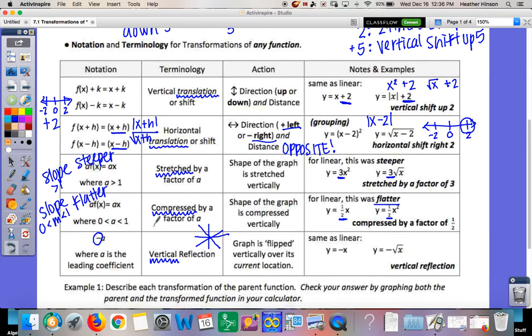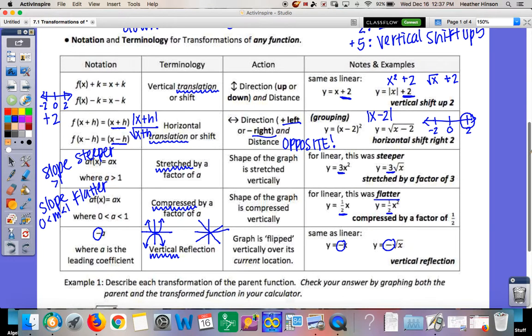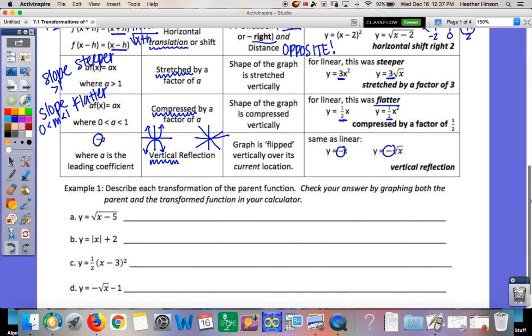If you have a parabola that's going up, if there's a negative on the front of it, it's going to flip and go down. That's all that negative means. The negative has to be in front of anything: in front of a parenthesis, a square root, an absolute value, anything. So it's called a vertical reflection.